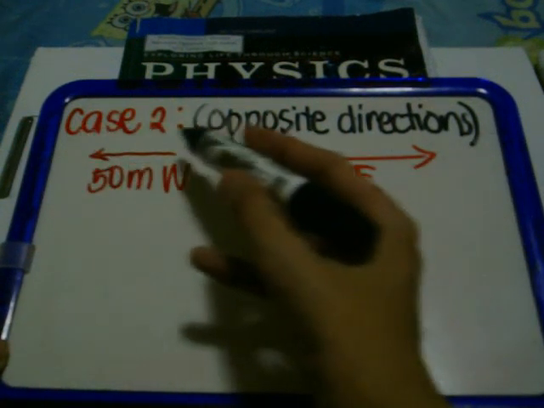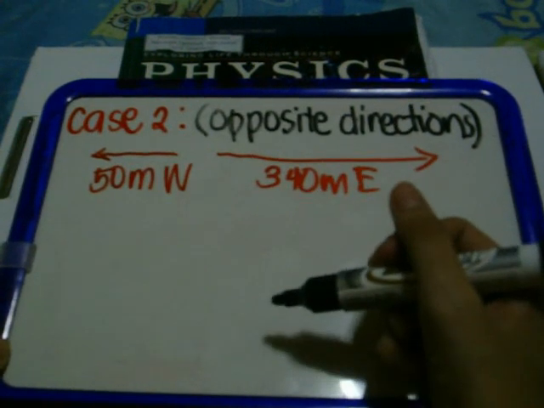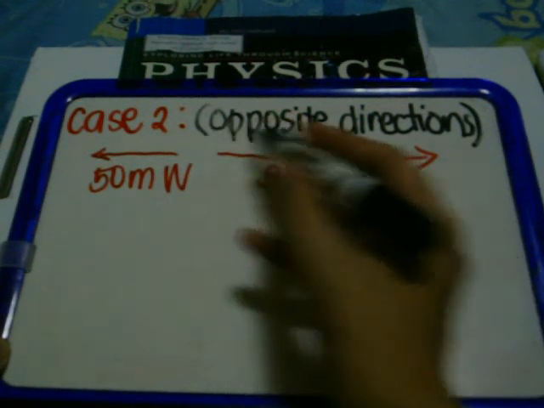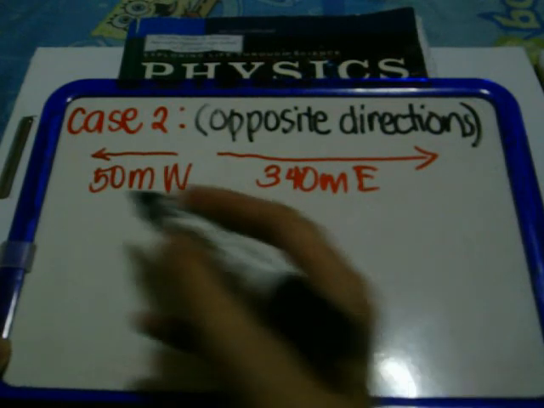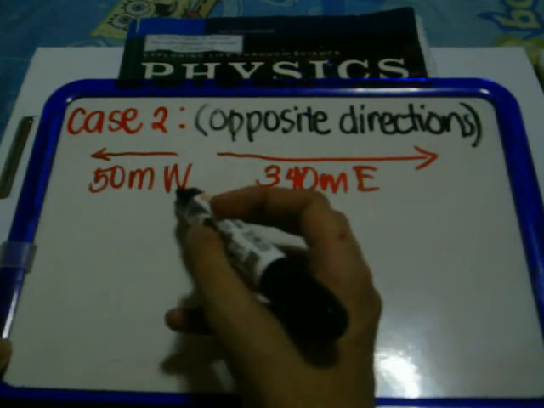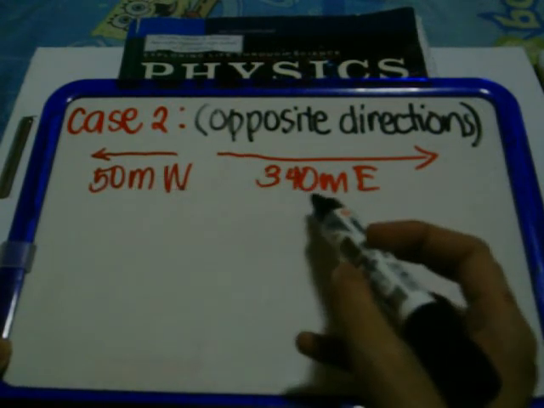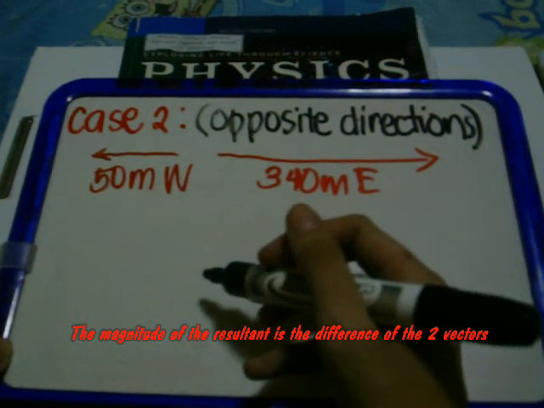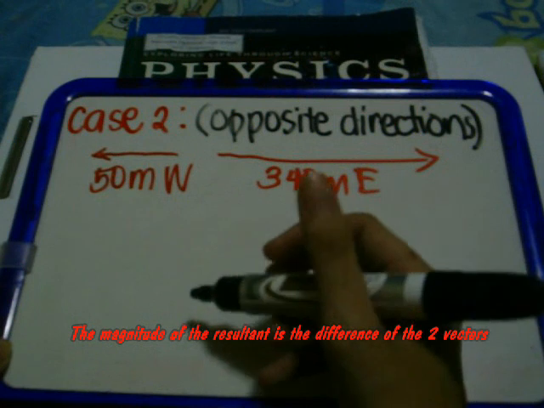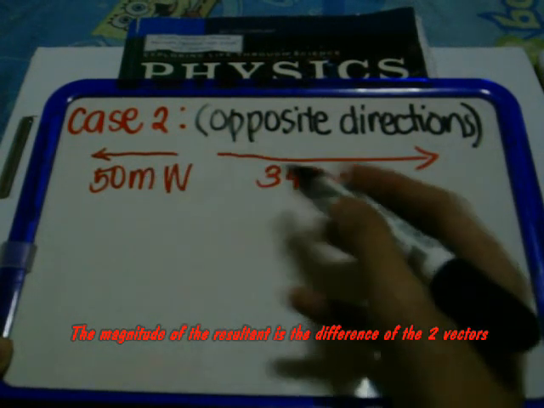For the second case, two vectors in opposite directions. If we are given 50 meters west and 340 meters east, the magnitude of the resultant vector will be equal to the difference of the two vectors.